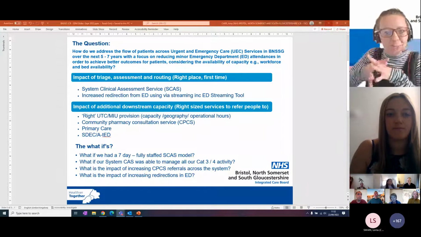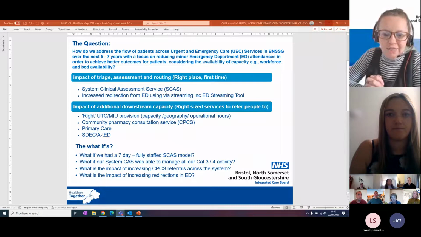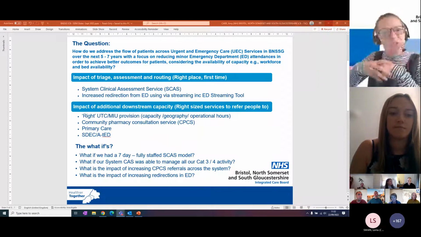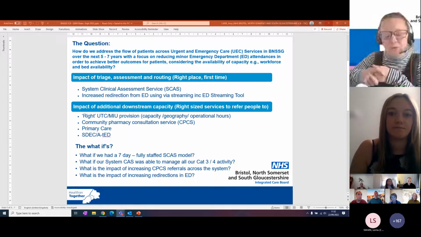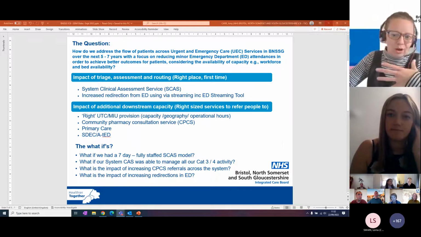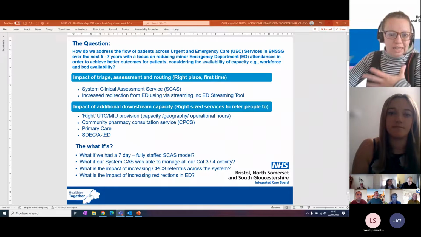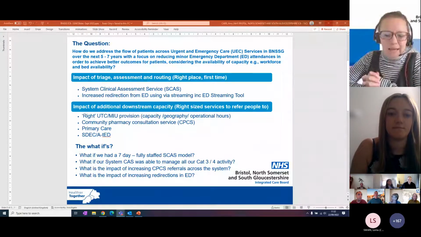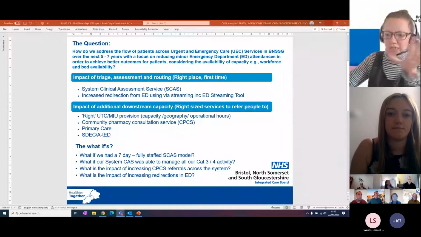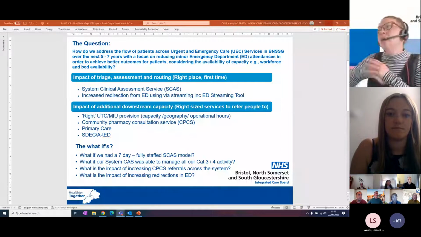As we know, they're completely under pressure, and we had certain interventions in our plans already. System dynamic modelling was a way of working out where to put our time, effort and resource, what was really going to have the true impact, and looking at those longer term strategic objectives for us as a system.